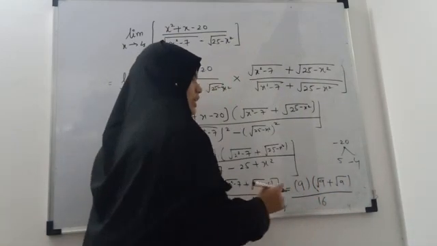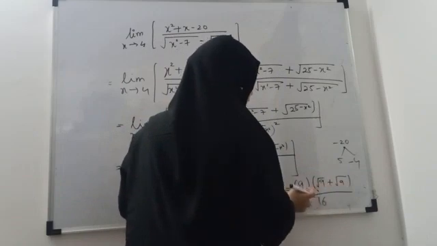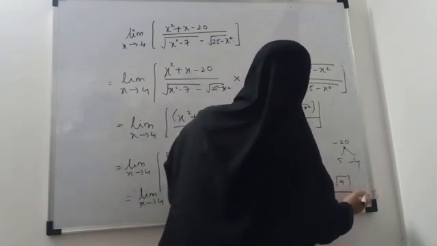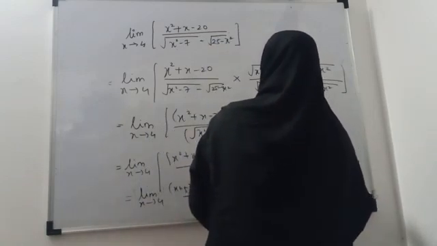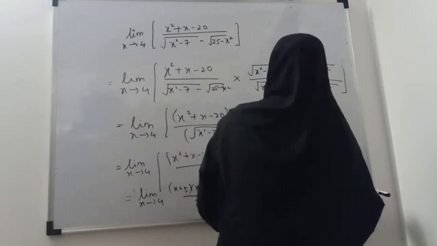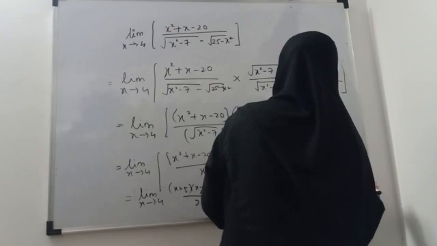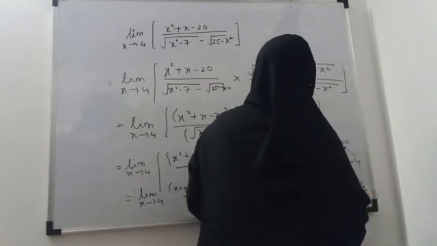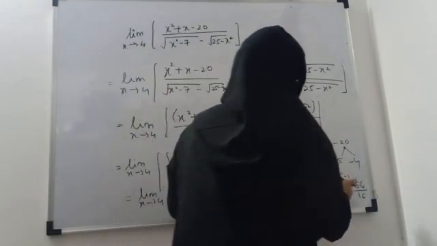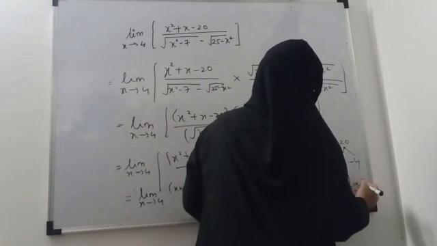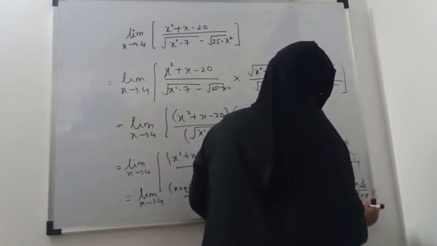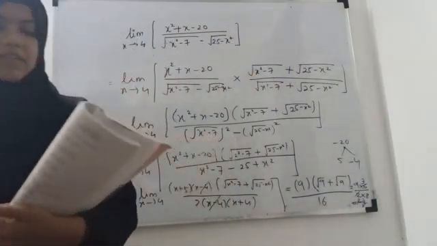Now root 9 is 3, 3 plus 3 is 6, 6 into 9, which equals 54 divided by 60? Or we can write this as 9 into 6 divided by 2 into 8. So 2 ones are 2, 2 threes are 3, 3 nines are 27, upon 8. So the answer is 27 upon 8.